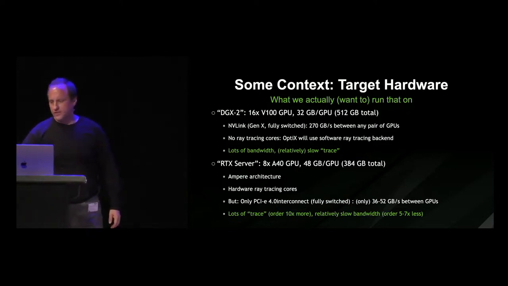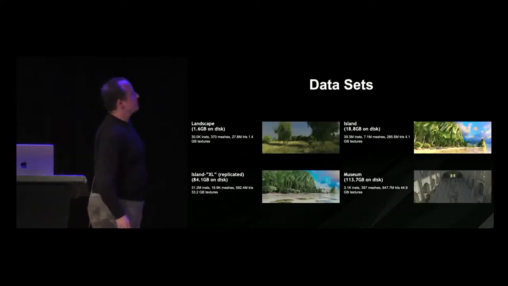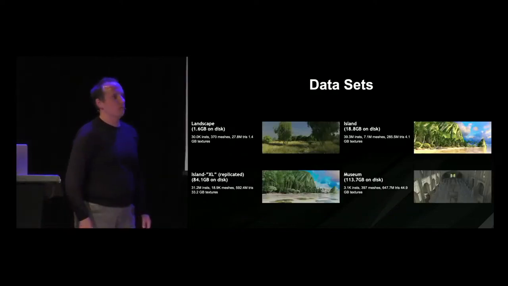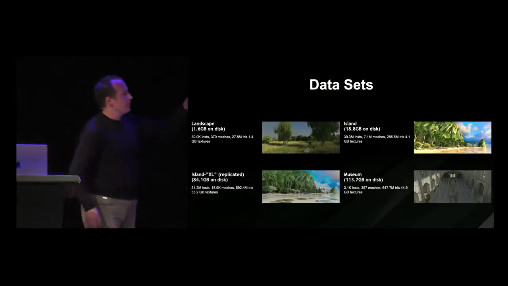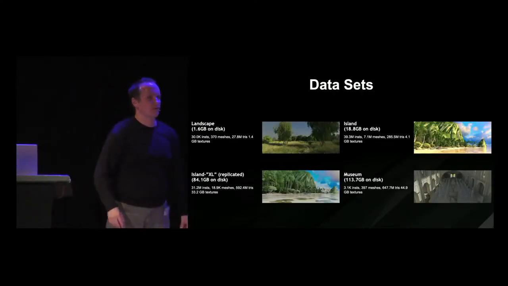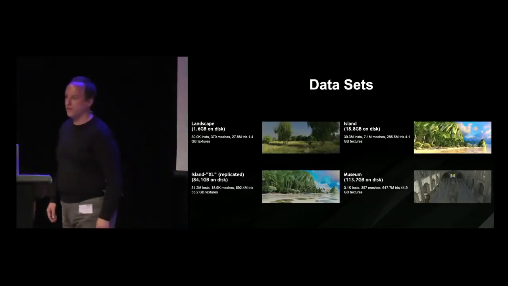For our test data sets, we used data sets that you probably know, like the PBRT landscape scene, in 3 different sizes actually, so this slide is missing these. We used 2 different versions of the Moana Island, one smaller, one bigger, where we replicated some of the textures differently, unrolled some of the subdivision surfaces and so on. And then we also have a large indoor scene that is bigger than 100 gigabytes in size.